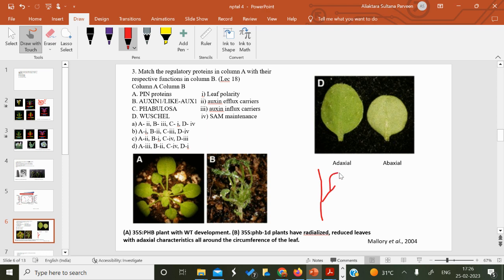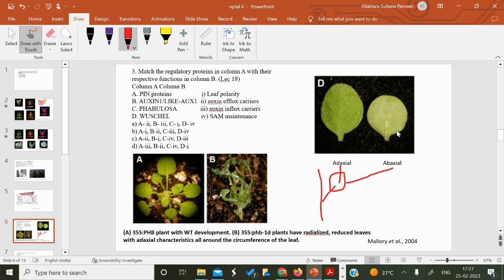And you have a leaf here. So the surface of the leaf which is towards this vertical axis is known as adaxial surface, and the surface which is away from the vertical axis is known as the abaxial surface. Or in simple terms, you can say that adaxial is the upper surface of a leaf and abaxial is the lower surface of a leaf.